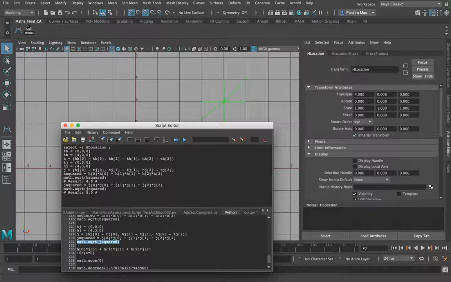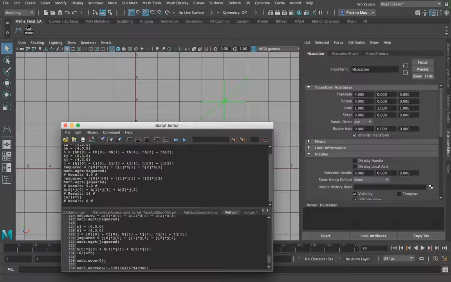Next I will multiply the x coordinate for h by the x coordinate for j, add that to the y coordinate multiplied for h and j, plus the z coordinate in h multiplied by the z coordinate in j, which is 16.